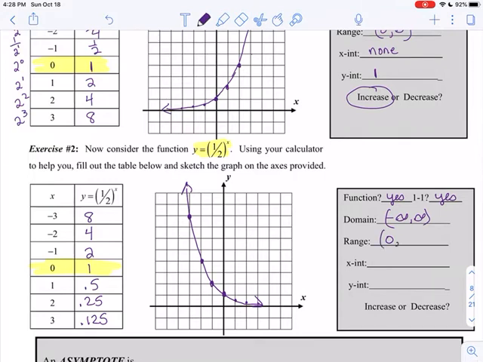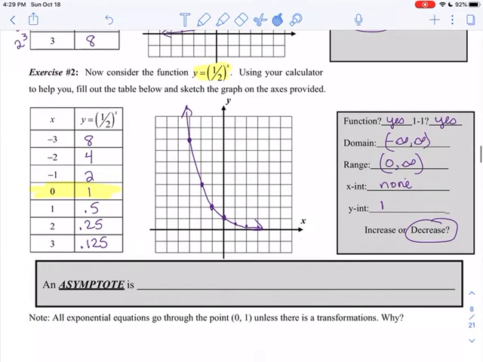The range is actually the same also. The lowest most point is almost 0, but it's not including 0, and the highest most point is infinity. Again, there is no x-intercept. The y-intercept is 1, but this one is decreasing.